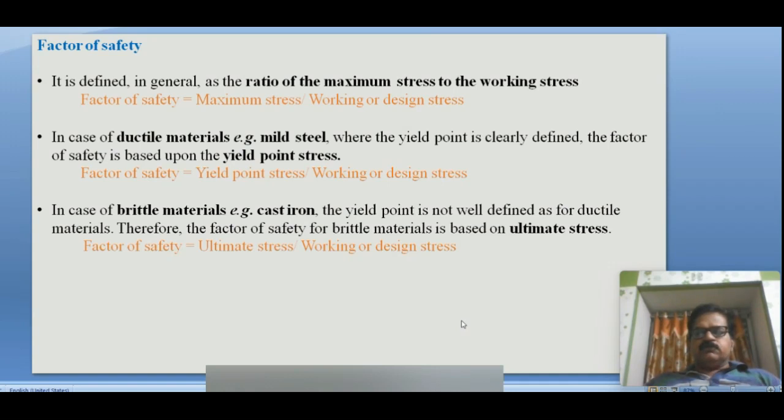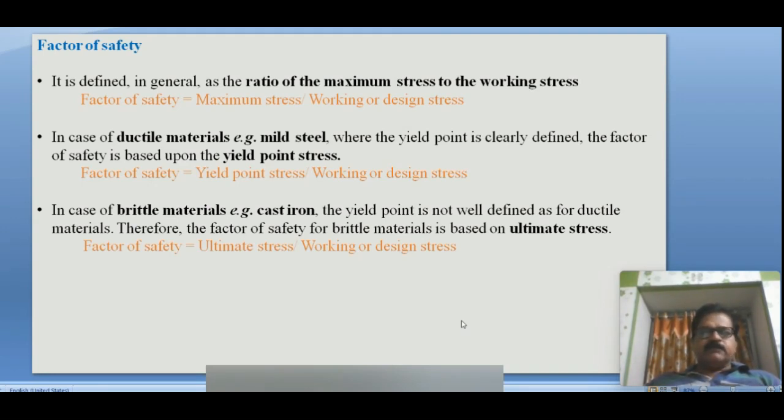In order to use the member made of certain material repeatedly over a period of time, we should not stress it up to the failure value of stress. So the operating stress or working stress is obtained by dividing the maximum stress with a number. That number is called factor of safety.